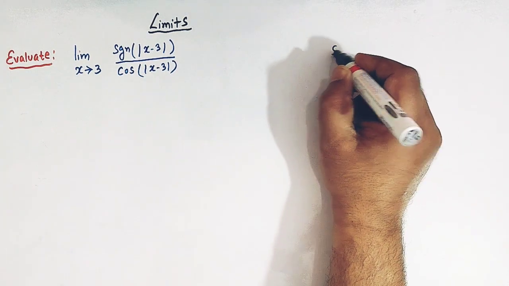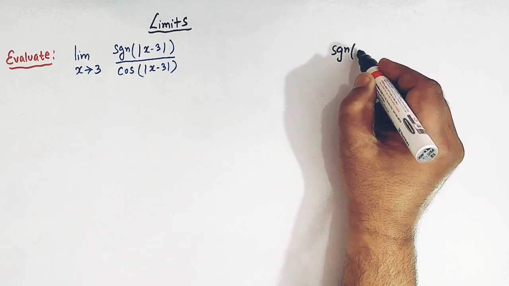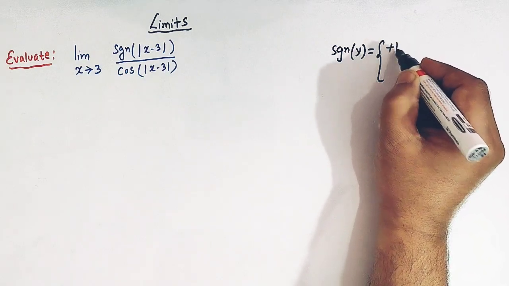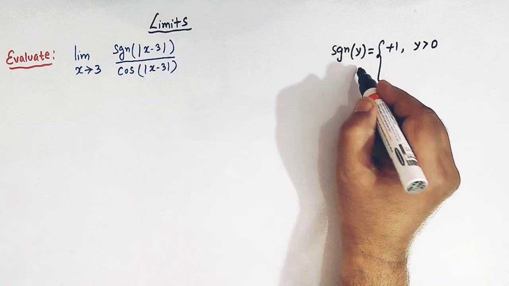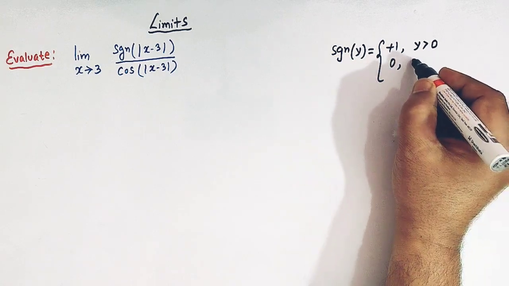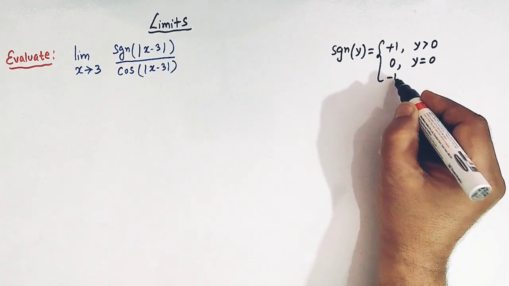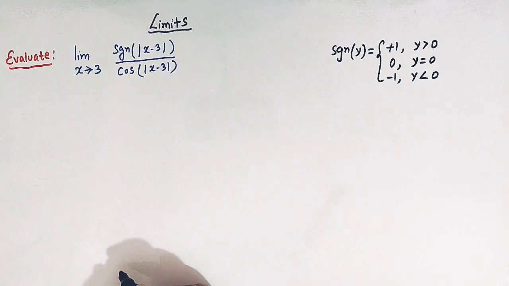The signum function is defined like this: signum of y is equal to plus 1 whenever y is greater than 0, signum of y takes the value 0 whenever y is equal to 0, and signum of y is minus 1 whenever y is less than 0, right?